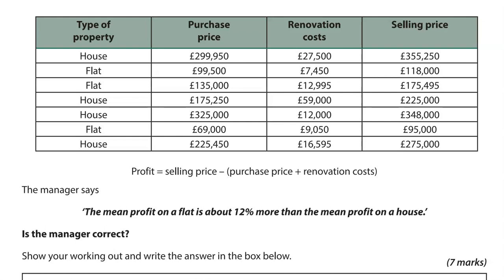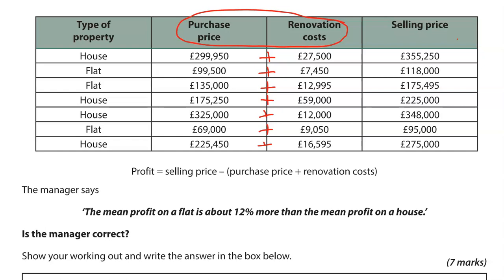So we're looking at working out the mean profit for flats and the houses. We've got the type of property given to us, purchase price, renovation costs and selling price. So for each of these, we'll take away purchase price and renovation costs added together from the selling prices.